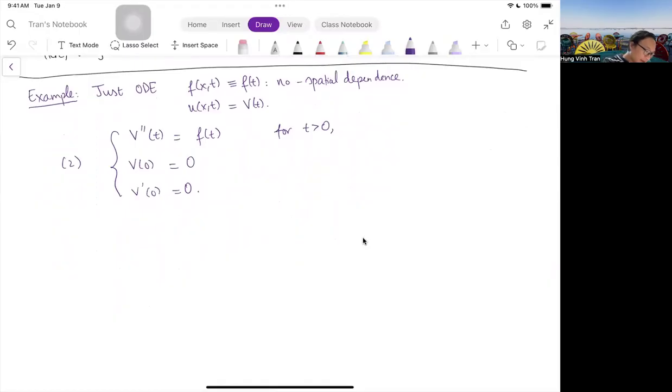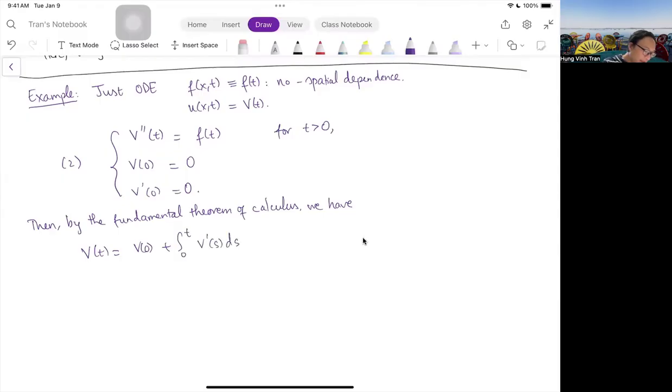Yeah, so just by the fundamental theorem of calculus, we have v(t) equal to v(0) plus the integral from 0 to t of v prime of s ds. And we are given that v(0) equals 0.